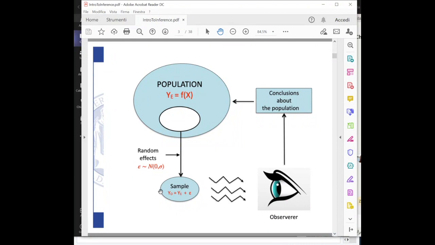So we look at something which is not equal to the population. If the population has an expected value of YE here, I do not observe YE, I observe YO. That is YE plus this stochastic component. Is it clear?